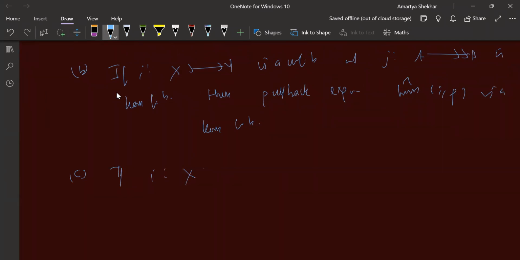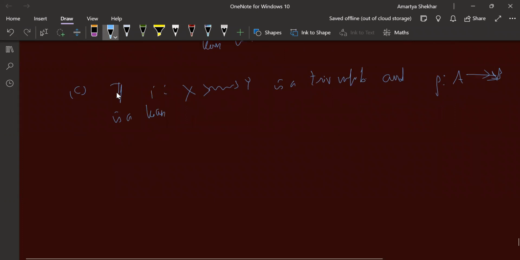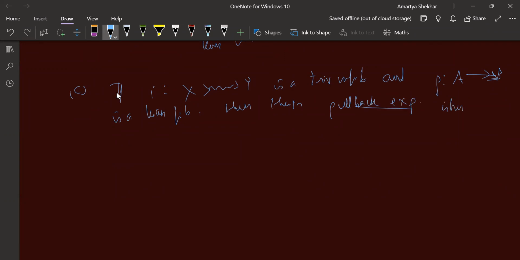You take a trivial cofibration and a cofibration again. Then again the pullback exponential is a trivial cofibration.